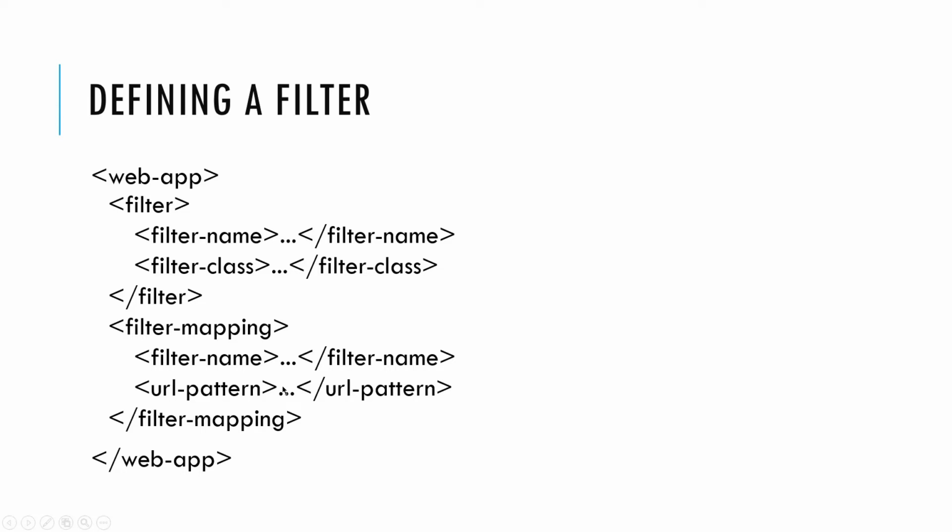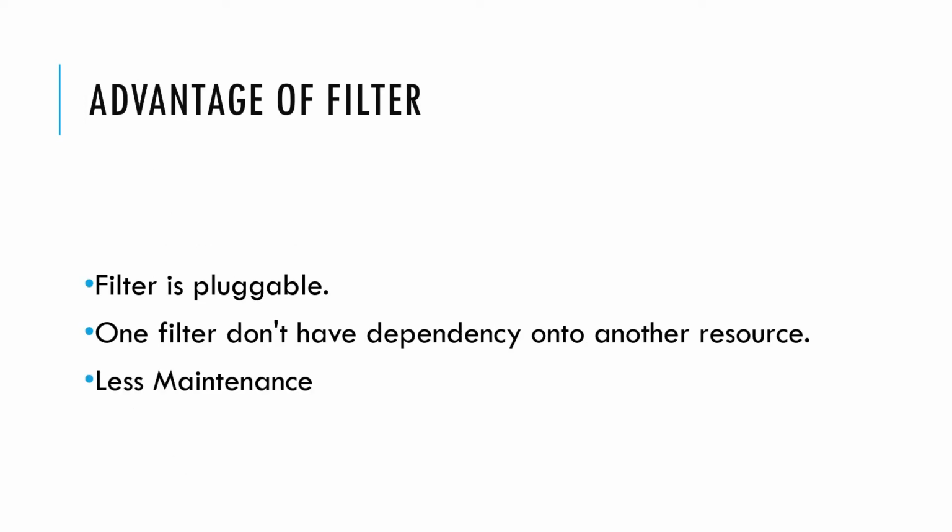This is the basic way of defining a filter in the web application. An advantage of filters is that a filter is pluggable, and one filter doesn't have a dependency on another resource, and we can reduce some maintenance using filters to improve the efficiency of our web application.